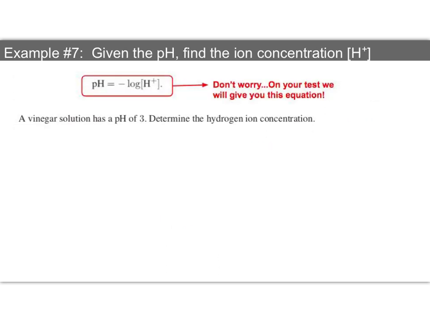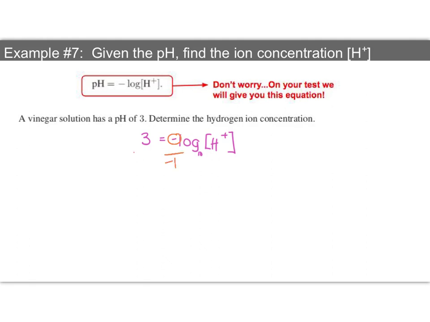So now, if I have a vinegar solution and it has a pH of 3, determine the hydrogen ion concentration. So if I know my pH is 3, then I can find my hydrogen ion concentration by using log. So again, remember it's log base 10. Before I convert this, first I need to get rid of this negative out front here.